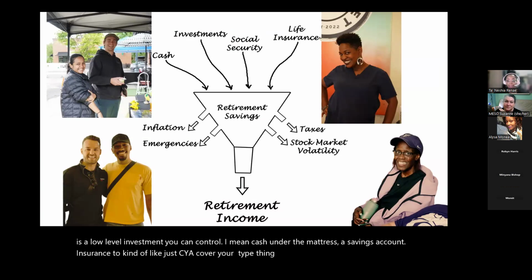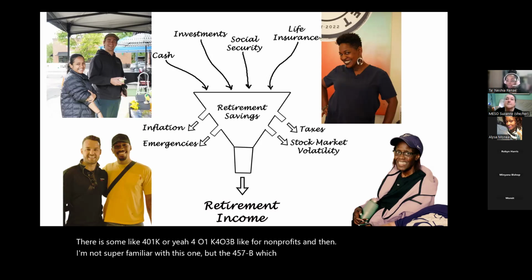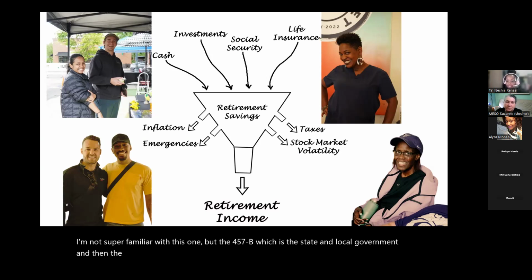And then there's the 401k, 403b for nonprofits. And then I'm not super familiar with this one, but the 457b, which is the state and local government. And then the TSP for feds and stuff like that. Those are some other kinds of retirement savings that you can have.